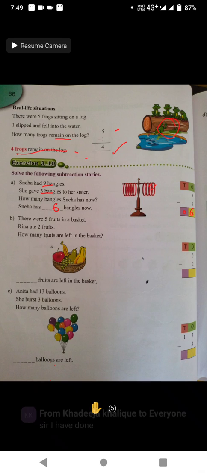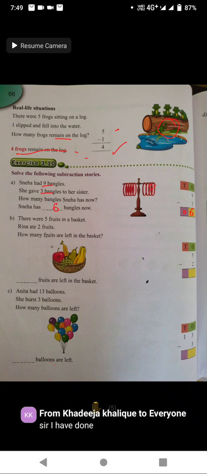Exercise 3.10 part B. Sir, tell me page number.